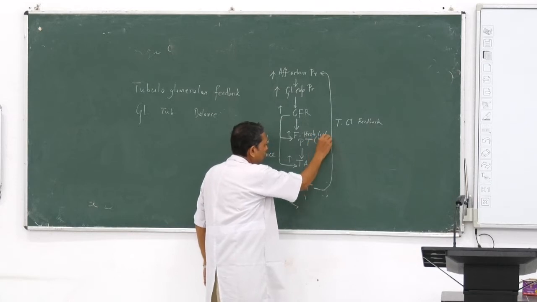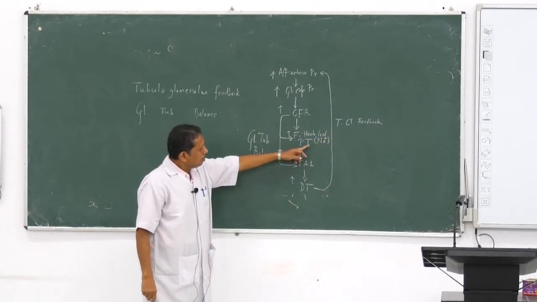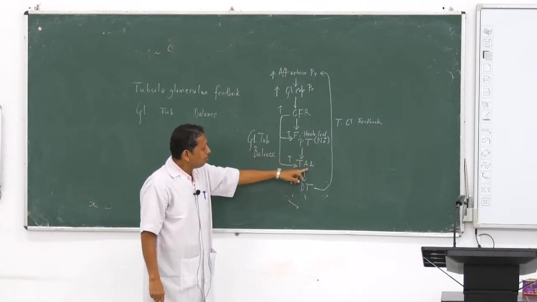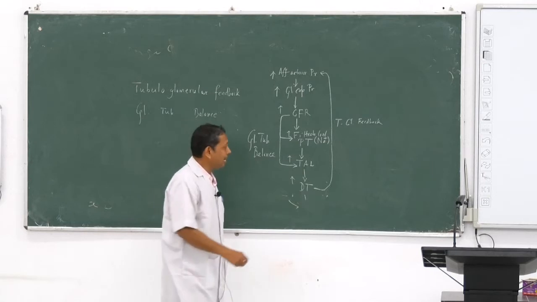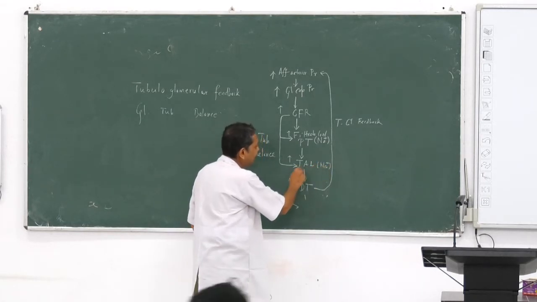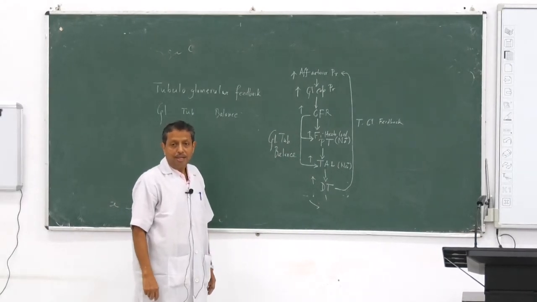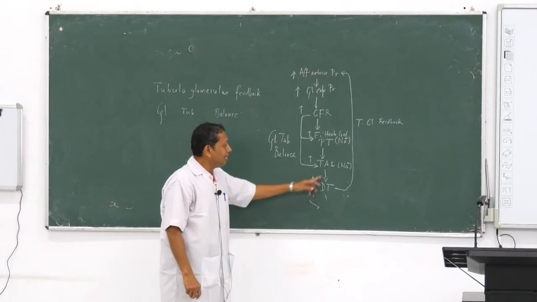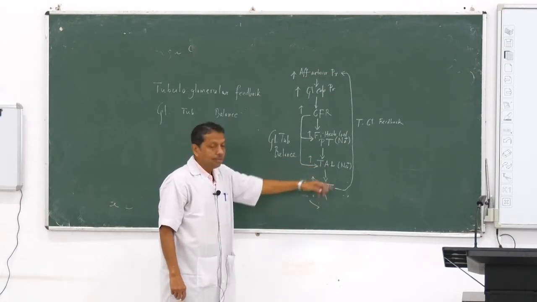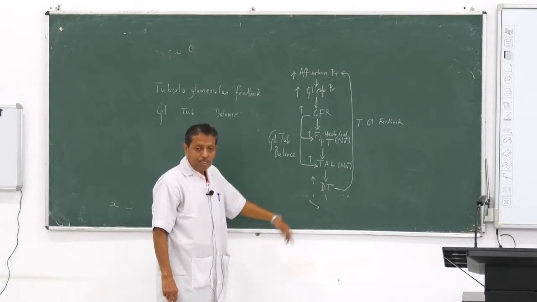From the proximal tubule, there is an increase in the reabsorption, and then the fluid enters the thick ascending limb of the loop of Henle, and there is also sodium. If you consider the case of sodium along with water, there is increased reabsorption. Then it goes into the distal tubule.